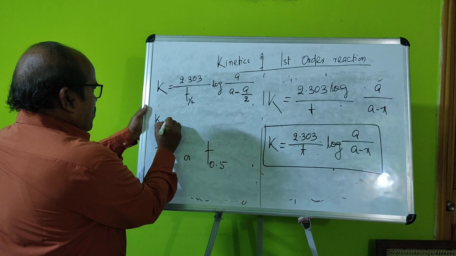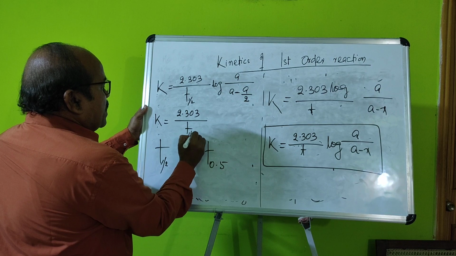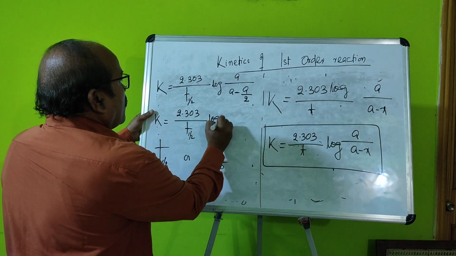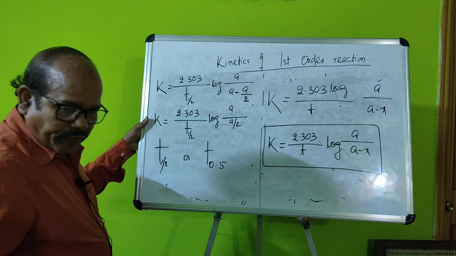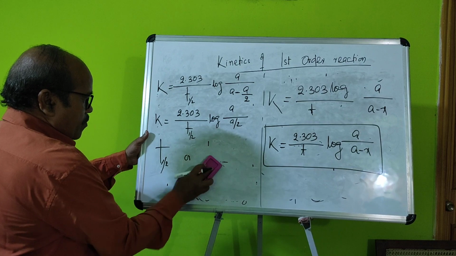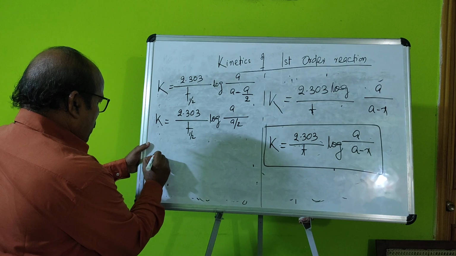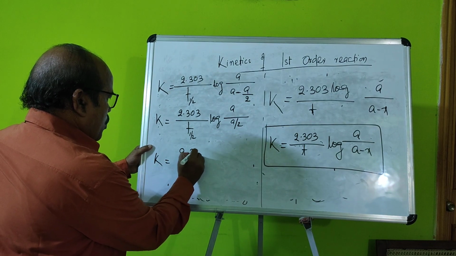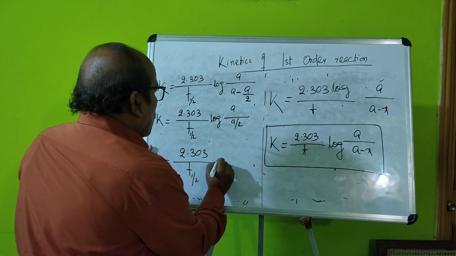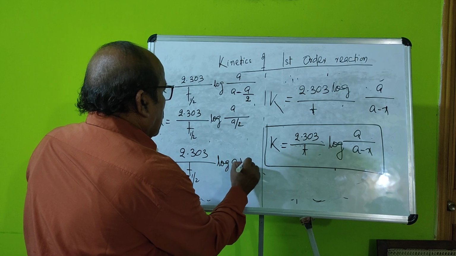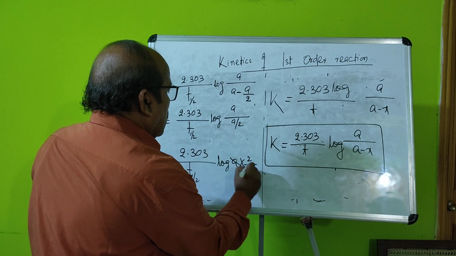Now, K is equal to 2.303 by T half log of A by A minus A by 2, which is A by 2. That will give me K is equal to 2.303 by T half log of A into 2 by A. A cancelled.